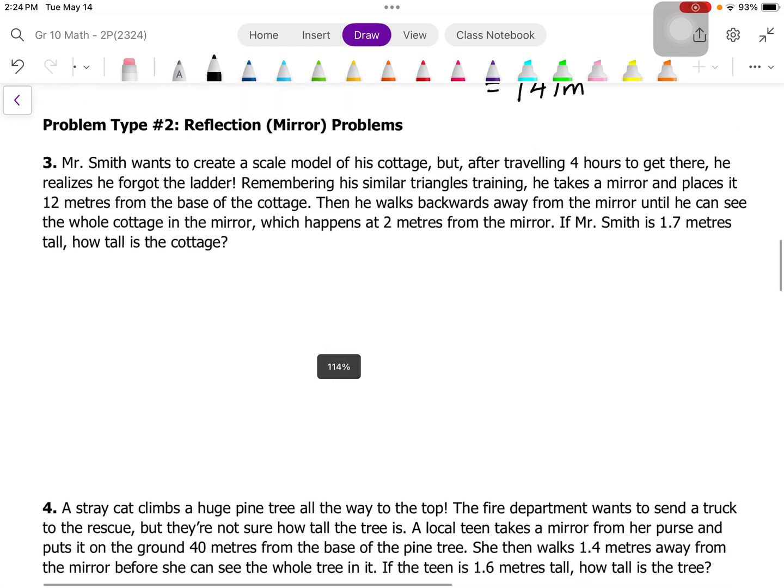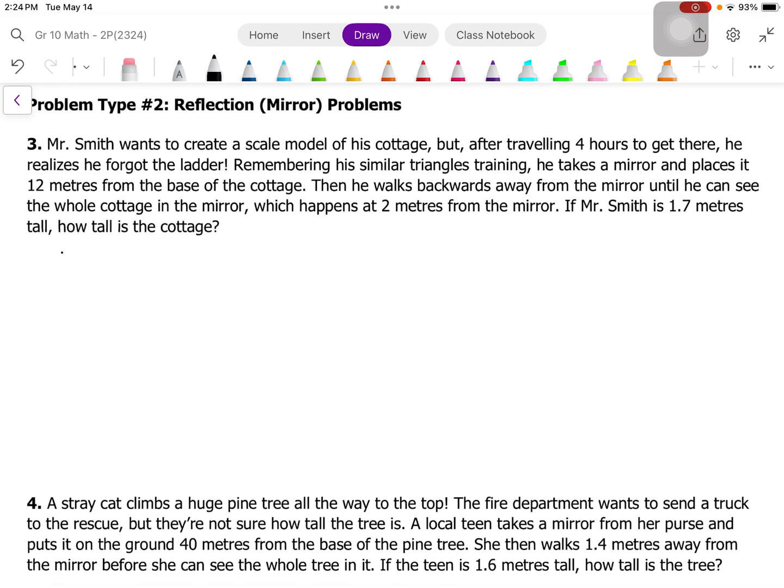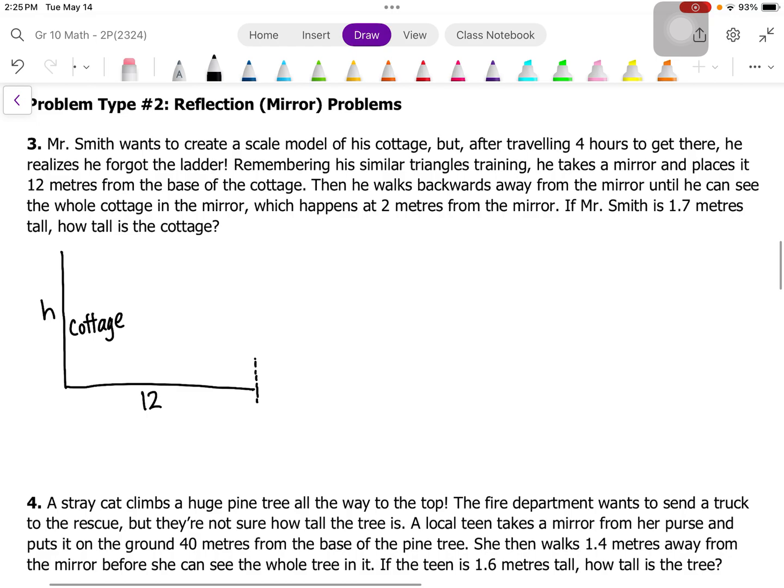So we have here the cottage. So this is the height of the cottage. And this is what he wants to figure out. How tall is the cottage? And then he places a mirror 12 meters from the base of the cottage. So here's where the mirror gets placed. So that's 12 meters away. And then from that mirror point, he is 2 meters away.